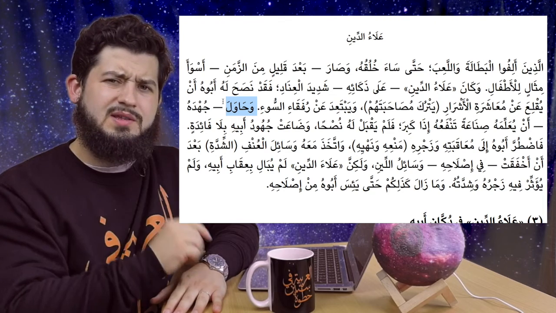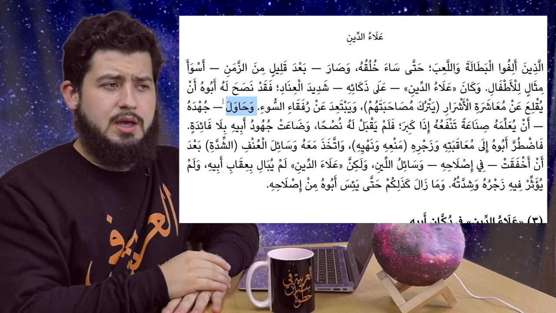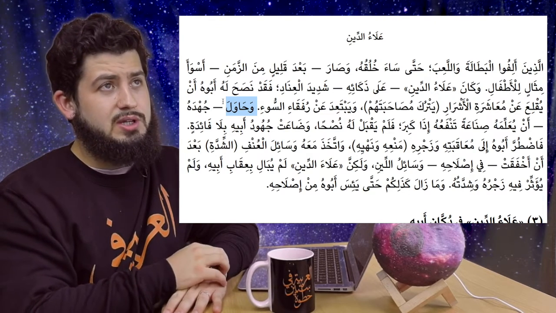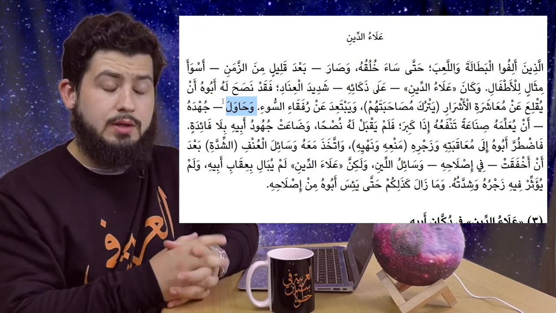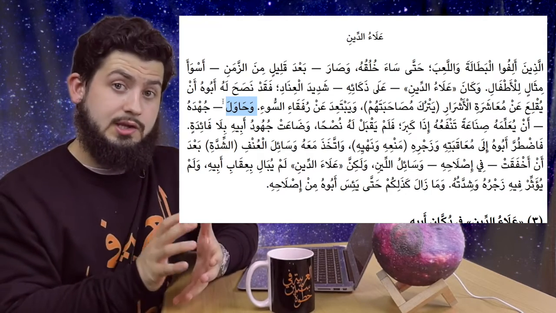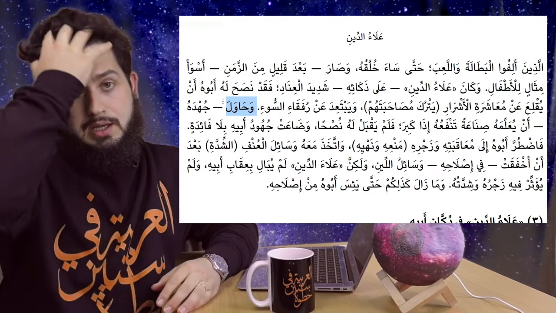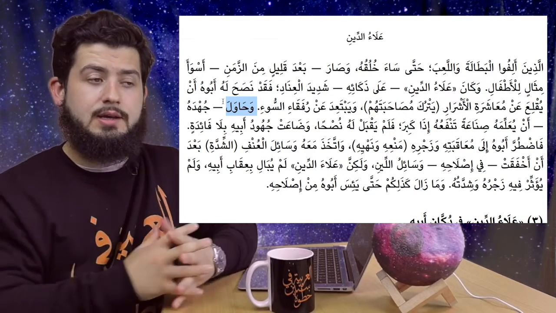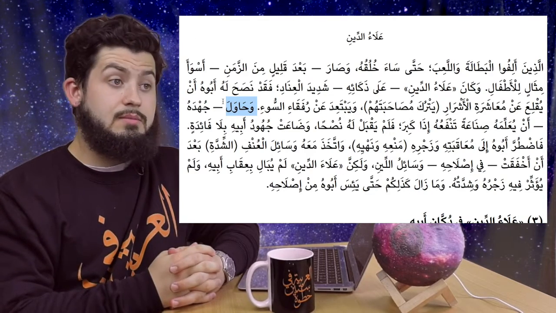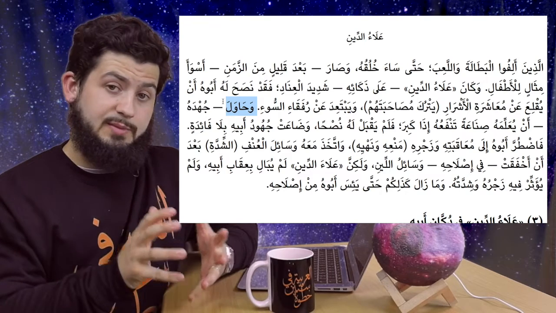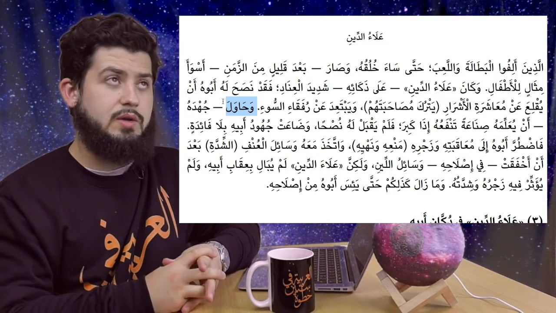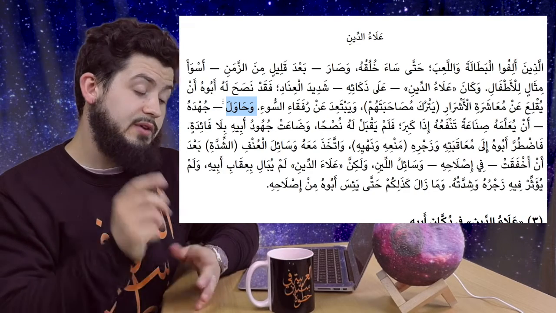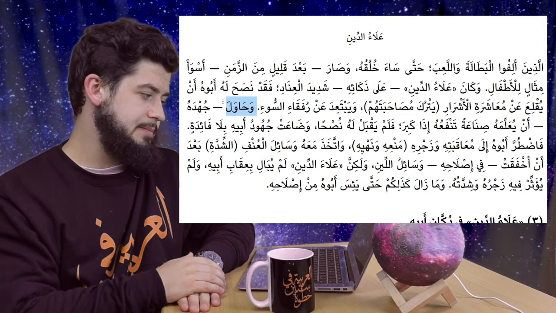And there's a very small percentage of verbs that have a dhamma on them. And in my experience, they're usually verbs to do with size. Just a few examples: kabura, to get bigger; saghura, to get smaller; azuma, to become greater. Maybe qasura is a verb as well, to kind of become shorter, perhaps. But they're often to do with size, and they're not a huge percentage of verbs that are like that. But I've only seen kabura used like that.